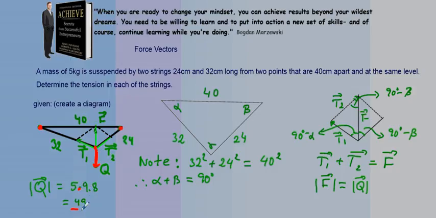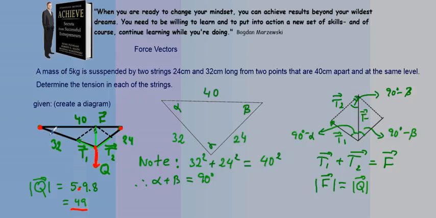So we'll use this numerical value for calculating the tension force in the direction of each string. So this is why we have 5 times 9.8 is equal to 49.